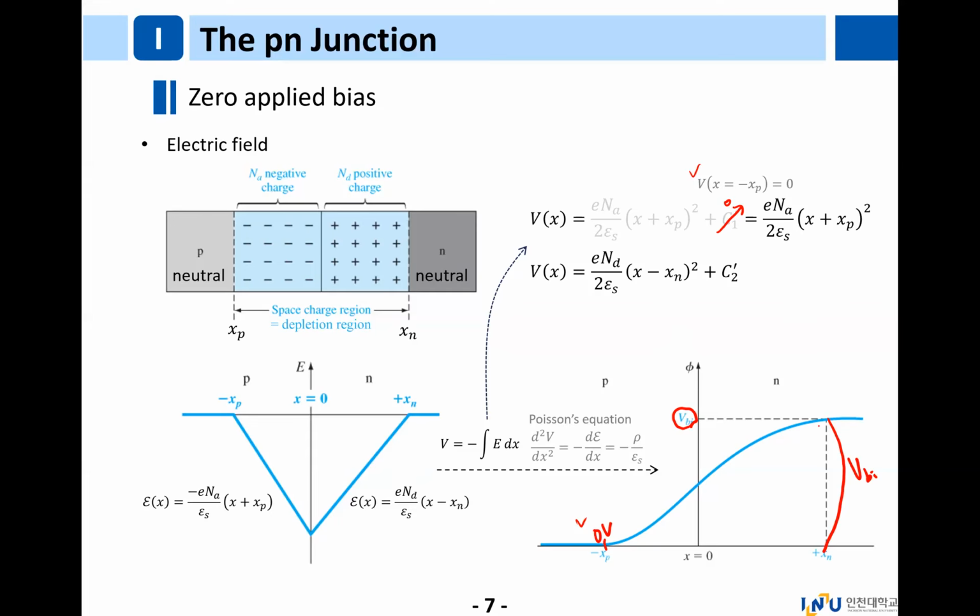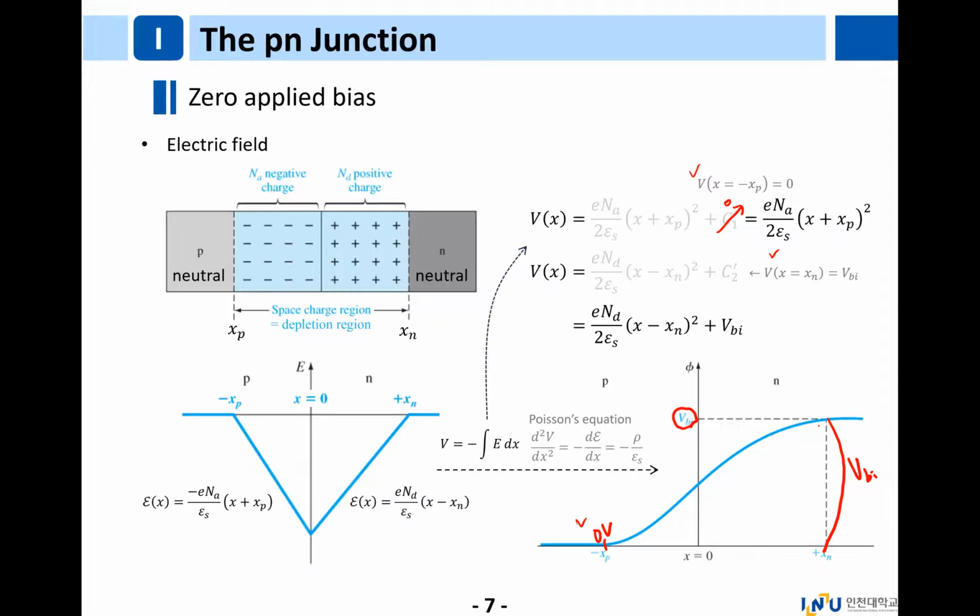Therefore, utilizing the boundary condition that the potential at xn is equal to VBI, we can find the potential as follows.